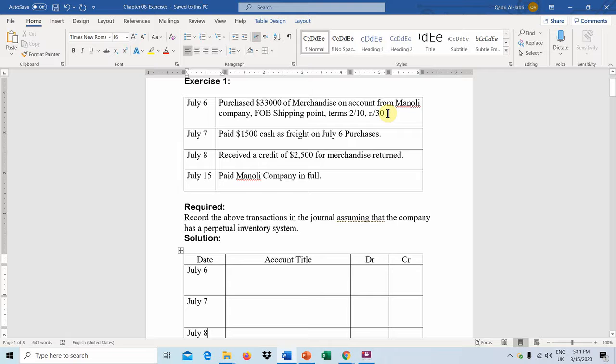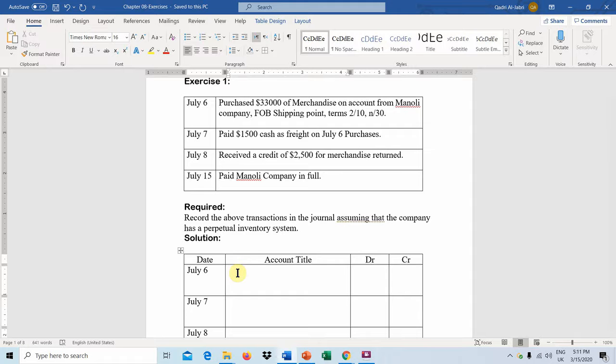So 2/10, n/30 means that if we pay within 10 days, we will get a 2% discount of the amount due.